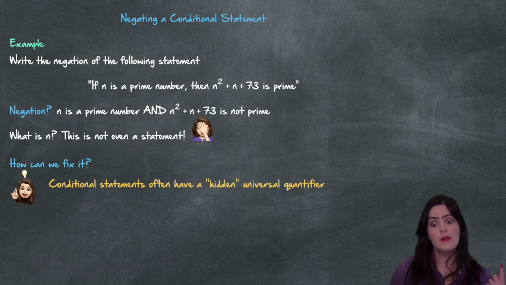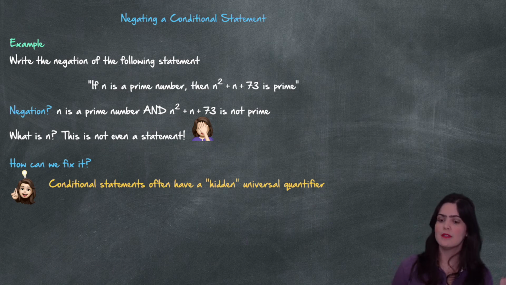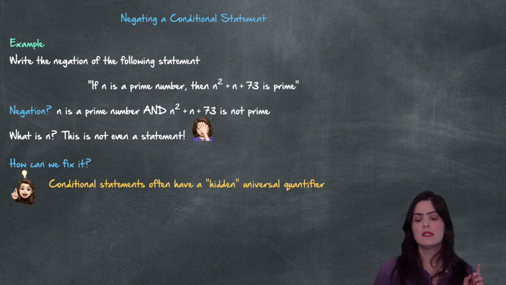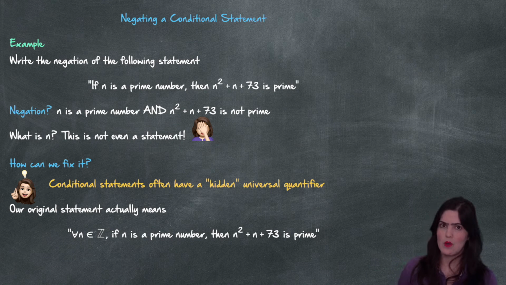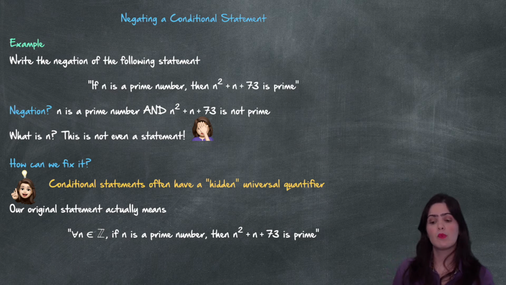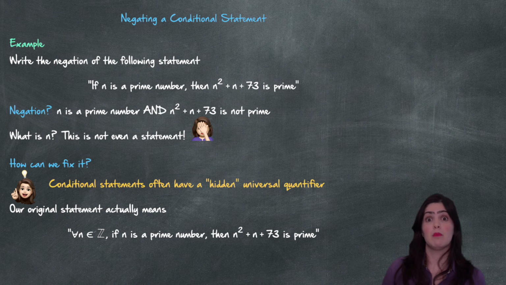Well, remember that conditional statements often have a hidden universal quantifier, and that's where we went wrong. Because what we actually meant when we said this statement is that for any integer n, if n is a prime number, then n squared plus n plus 73 is prime.